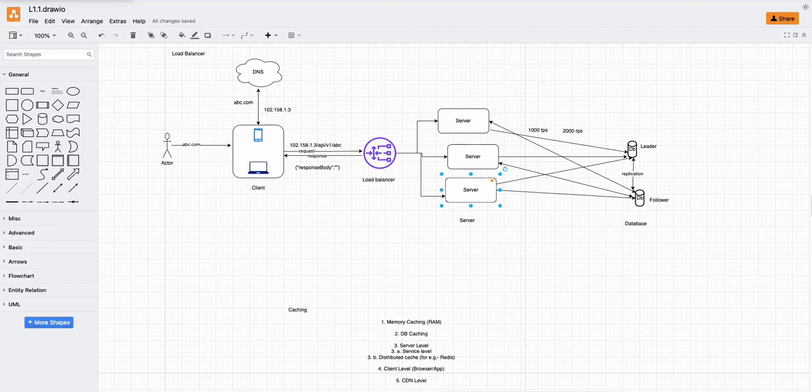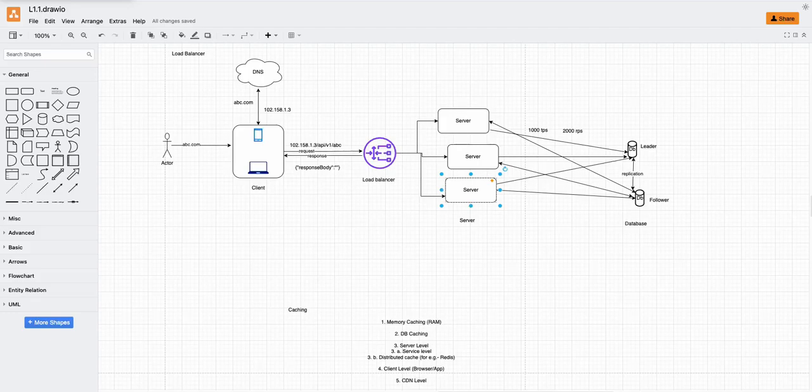Another type of caching you can do is at the client side, which is client level caching. This level of caching is done at the browser level as well as at the mobile application level. We will discuss more about this in another session, along with CDN.